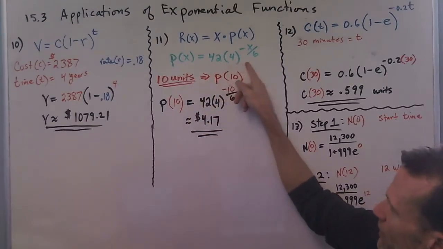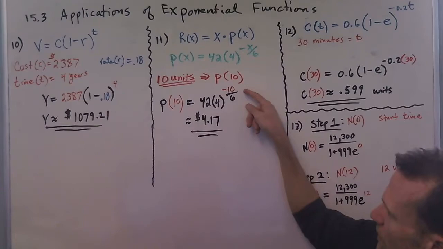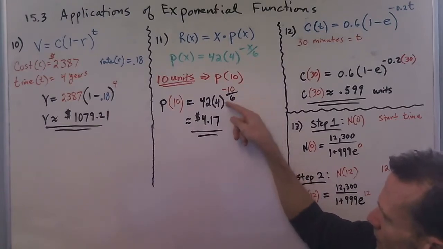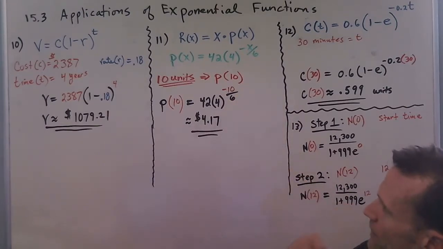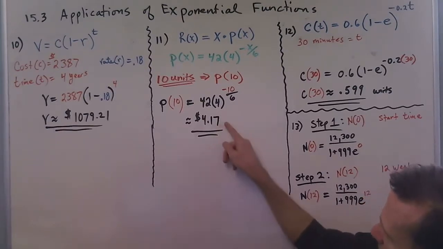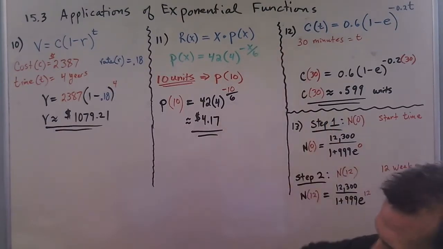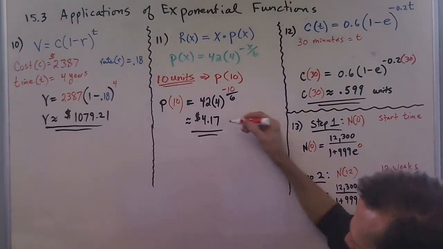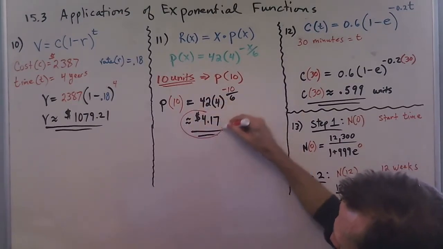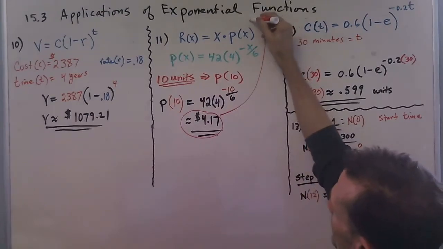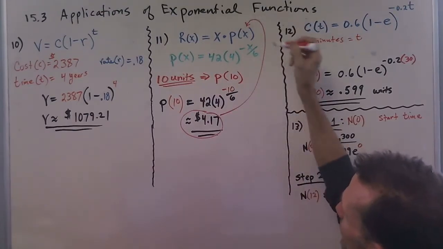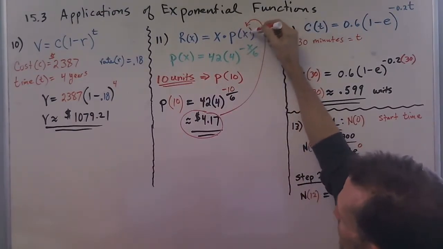And so we compute this first with the 10, and that gives us $4.17. Okay. And then we're going to take this value and put it back into the original function here. That's that P of 10.